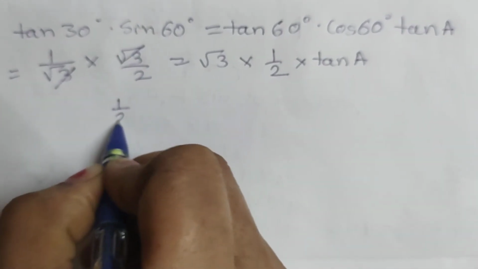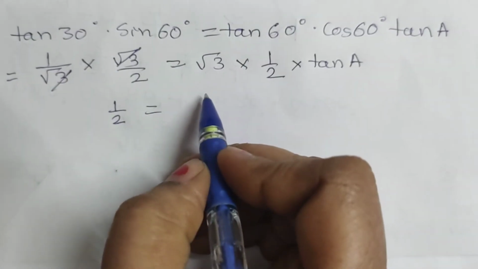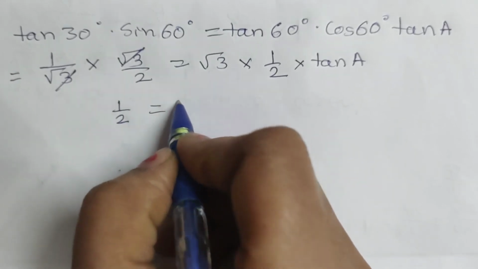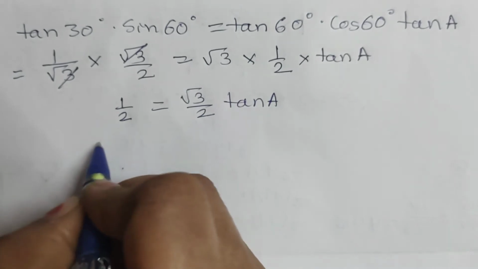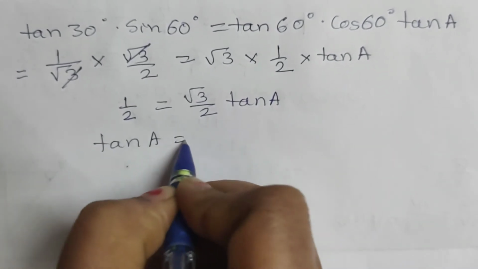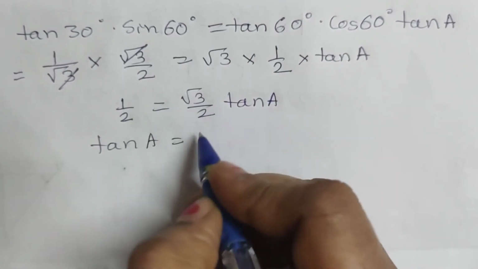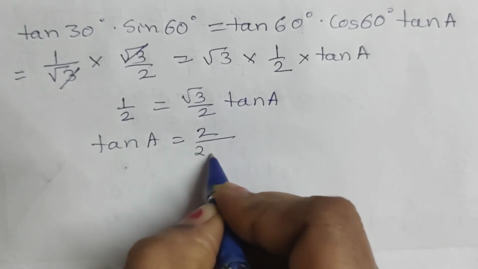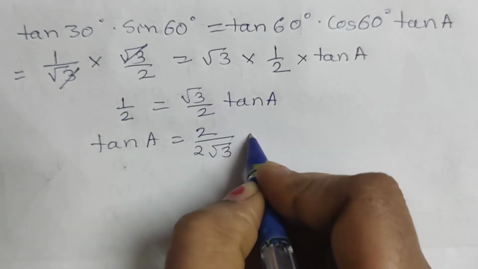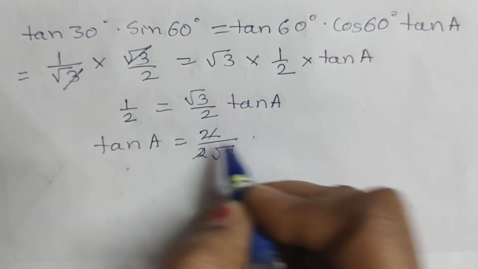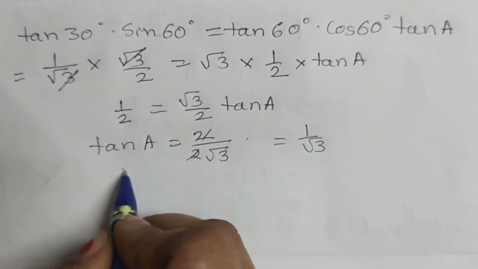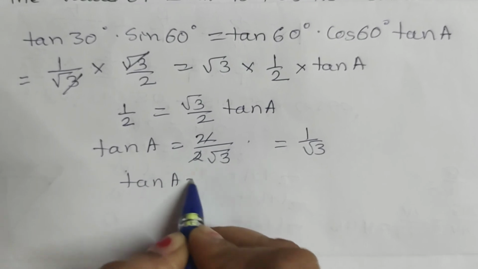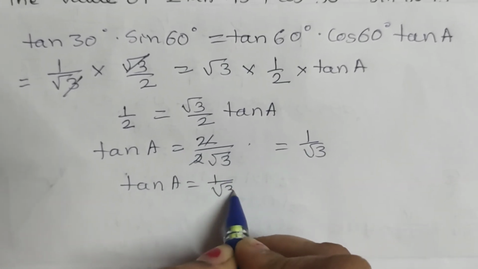So here we are getting 1 upon 2 equal to root 3 upon 2 tan A. So tan A is equal to, this will go up, so 2 upon 2 root 3, 2 will get cancelled, so 1 upon root 3.